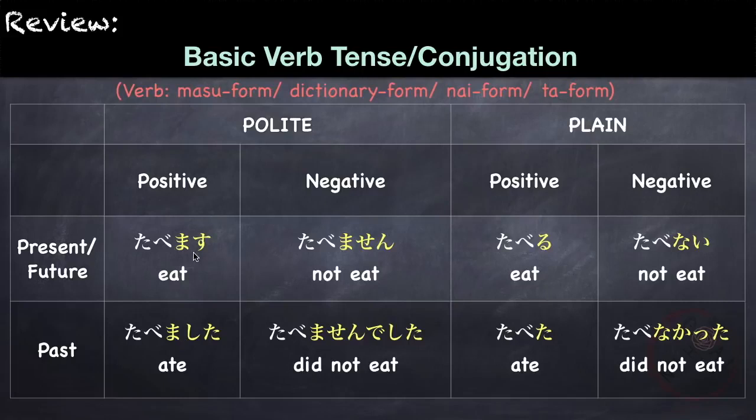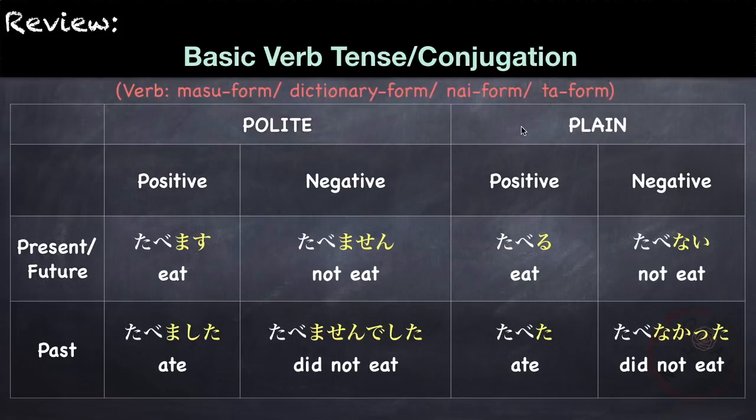So the past of mas is mashita. For example, tabemashita, ate. And for the negative past, we use masen deshita. So from masen, the past is masen deshita. For example, tabemasen deshita, did not eat. So this is the polite form.